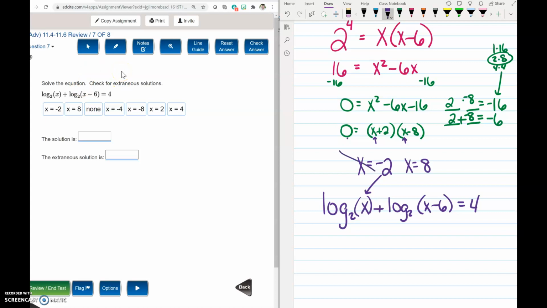That's bad. So that answer is extraneous, in which case, look here, negative 2 is our extraneous solution. So drag and drop that in there. If I check 8, 8 in here is positive, and 8 minus 6 is positive, so 8 is fine. x equals 8 is my solution.